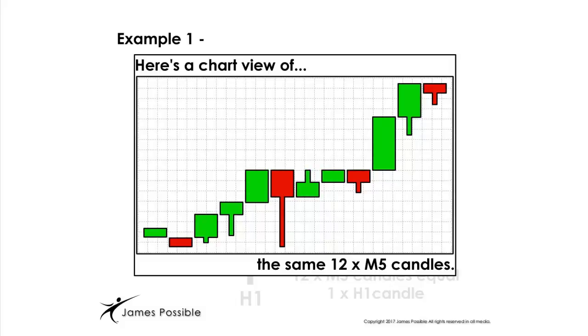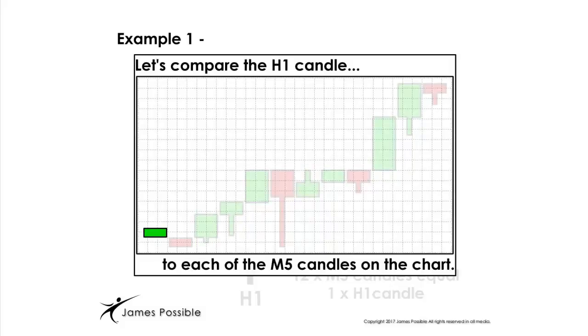But let's go further with this. And now let's do some comparing to it. Let's show you both M5 and the H1. So that first candle on the H1 also represents, they're the same candle in that first 5 minutes.